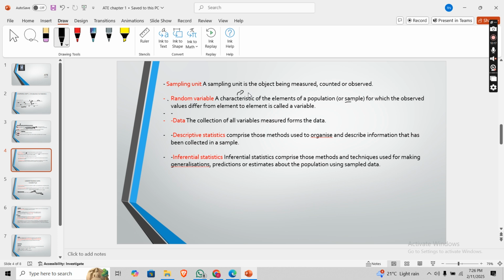So it's a characteristic I'm actually measuring, the height. Another example would be if I am recording the color of cars passing by the University of Johannesburg, the color of cars would be my random variable. Okay?